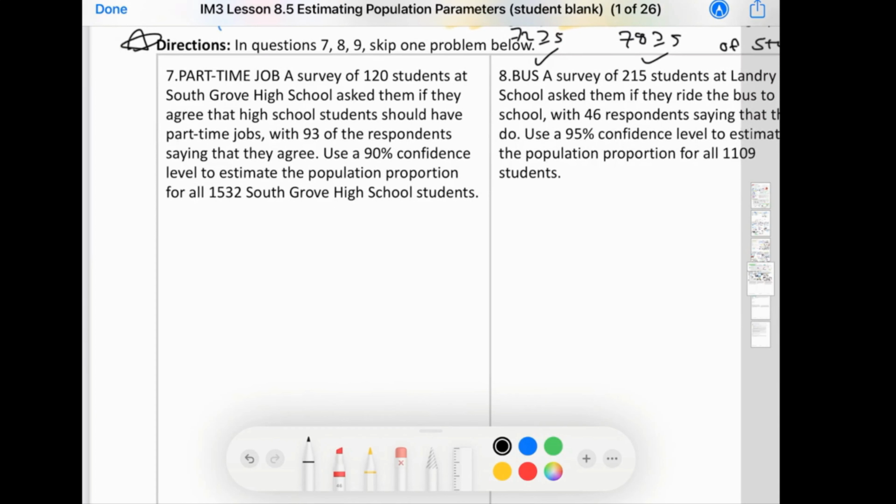Part-time job. A survey of 120 students, so there's my lowercase n, 120, at South Grove High School asked if they agree that high school students should have part-time jobs, with 93% of the response saying they agree. So there's my X, there's my success. Use a 90% confidence level to estimate the population proportion of all 1,532 South Grove High School students.